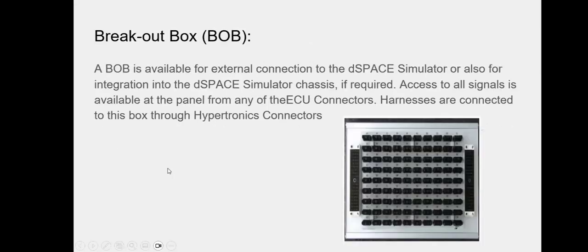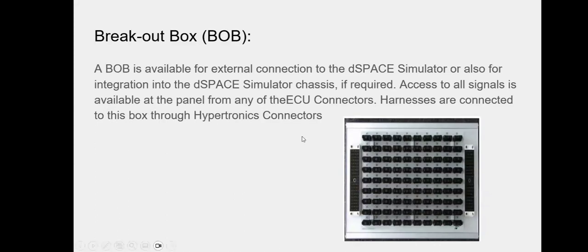Next, the breakout box. We already know what a breakout box is. It provides external connection to the dSPACE simulator, or integration into the dSPACE simulator chassis if required. It gives access to all the signals available at the panel.